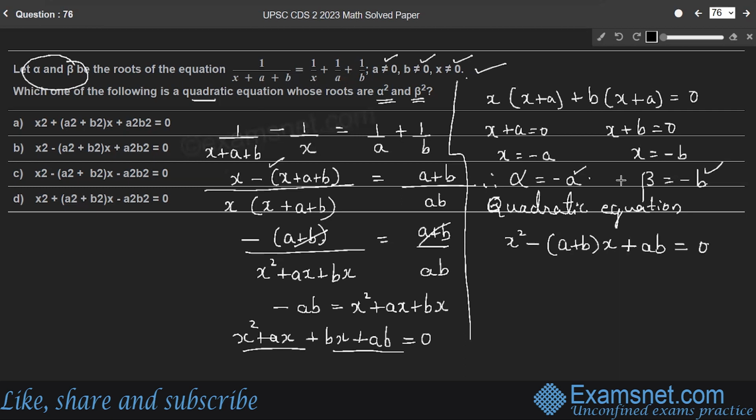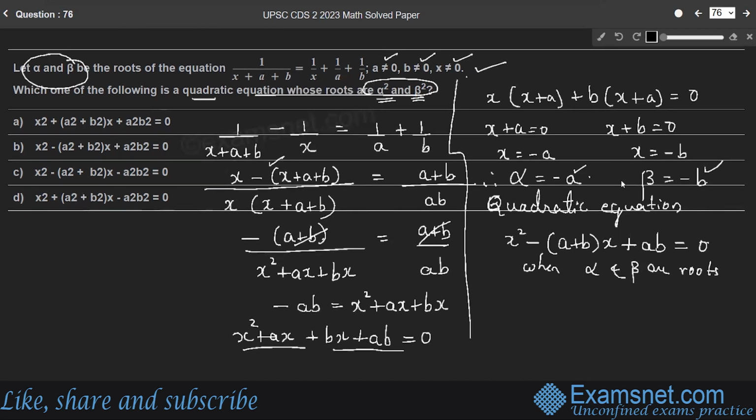The quadratic equation becomes x square minus (a plus b) into x plus ab is equal to 0 when alpha and beta are roots, right? When minus a and minus b are roots. It is given that the equation whose roots are alpha square and beta square. Right?